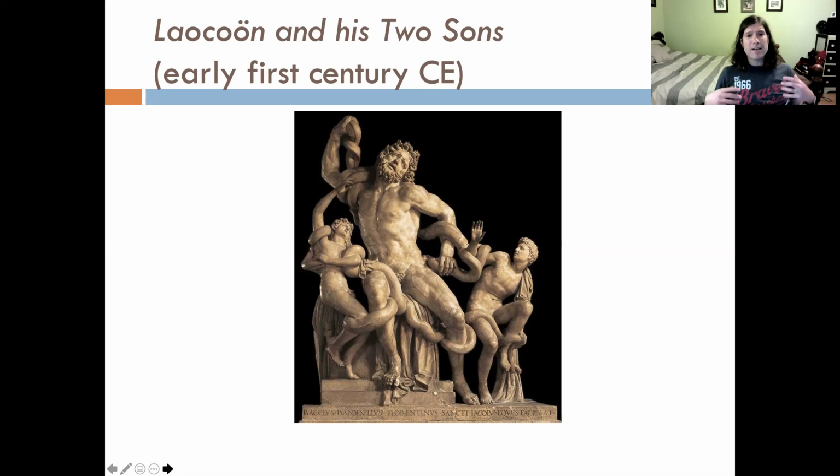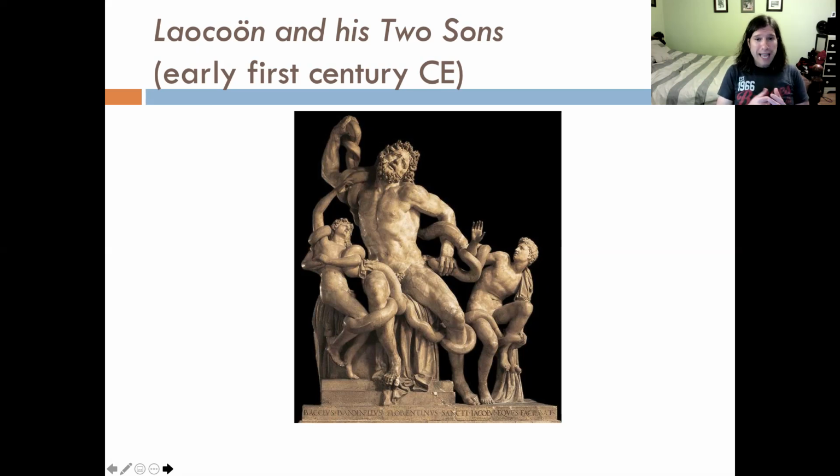He really seems to have honed and toned his physique to its maximum potential. But of course, what's not ideal is the fact that he is being devoured by snakes.